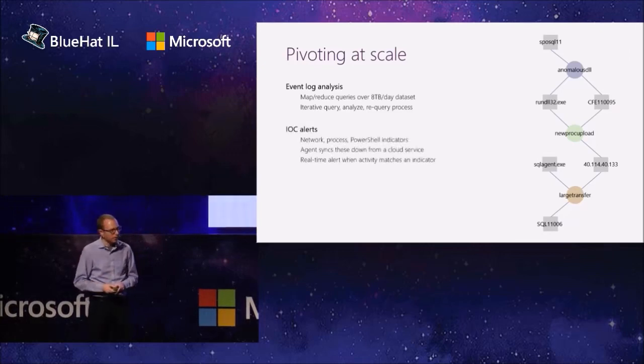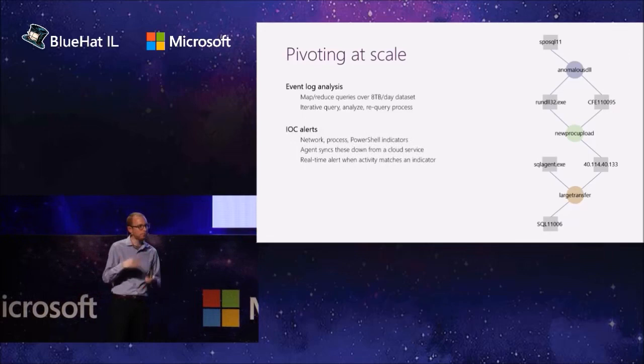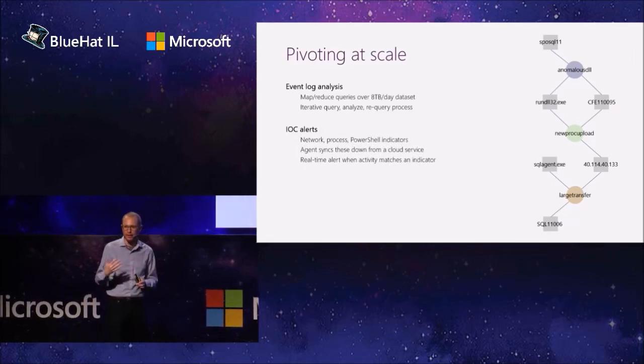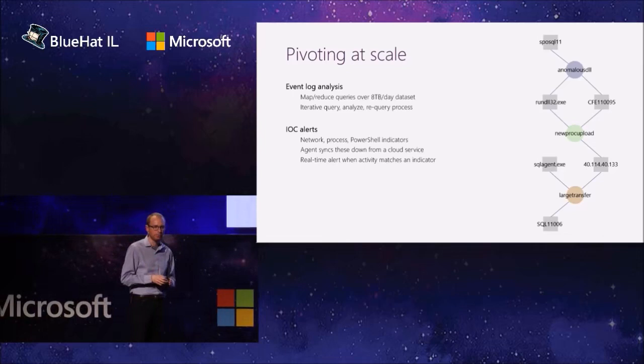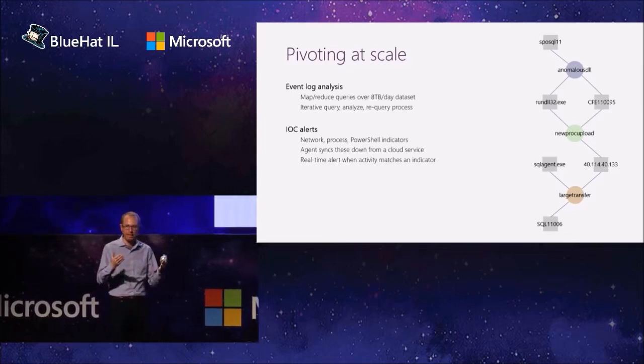So we realized that it would be better for us, instead, to build a service that, given an IP address that we discover during incident response, or a process name that we know is bad, or some other attribute about activity in the environment, let me write that and put it in the cloud as a signature, and then have my agents sync it down every 5 to 10 minutes.